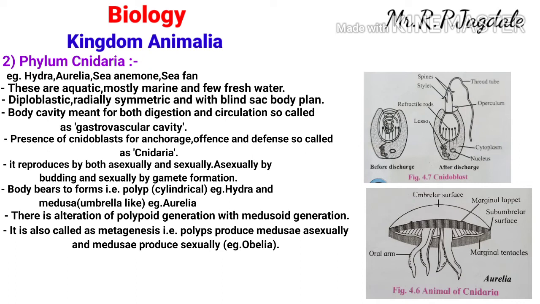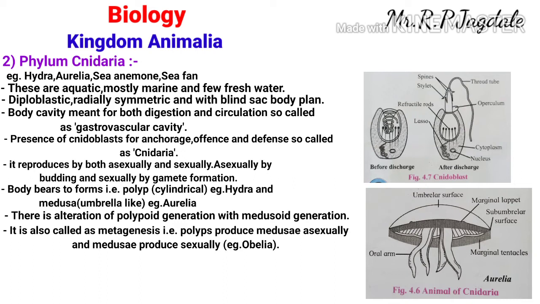They have a cavity for both digestion and circulation, called the gastrovascular cavity, or also called the coelenteron. That's why it is also called Coelenterata. The presence of cnidoblast is a characteristic feature of Cnidaria. That's why it is called Cnidaria.